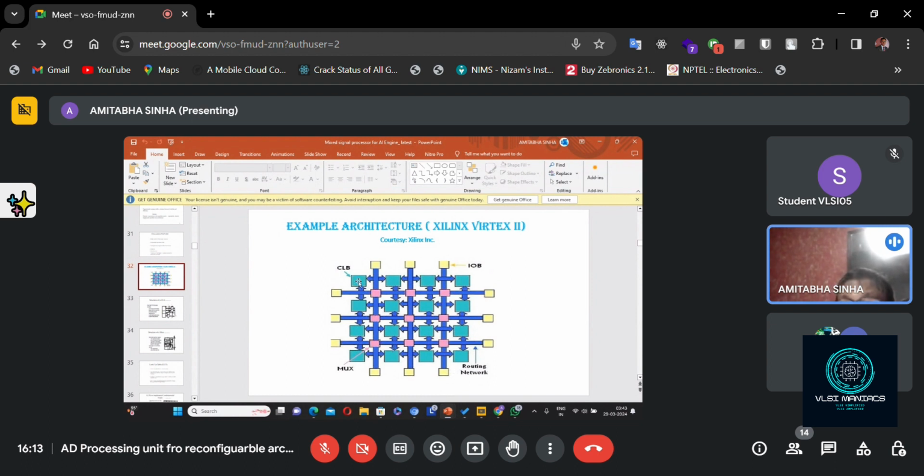Now, how is a CLB to be designed? First, we go to the basic building blocks, the very fundamental things of CLBs. What is there within the CLB? CLBs are basically designed from lookup tables.